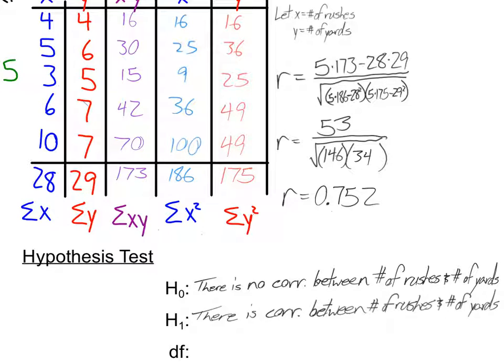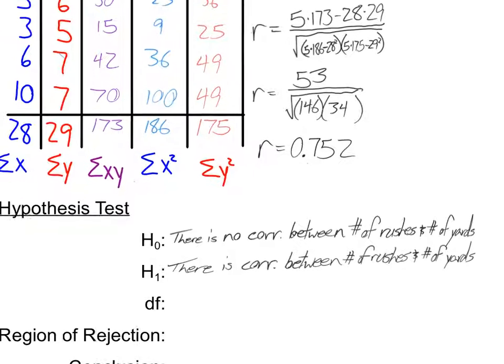If we are able to reject that, then we would automatically accept the alternative. If it doesn't turn out in the region where we can reject it, then we would say there's no significant correlation here. Okay? Let's keep working through it, and I think it'll make sense as we go.